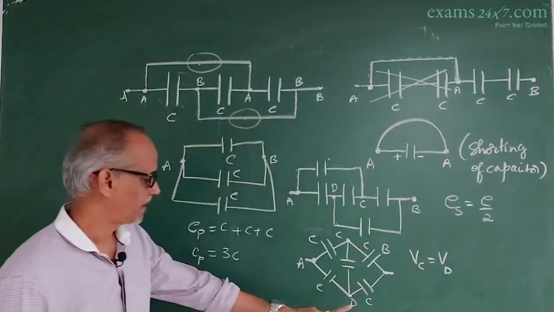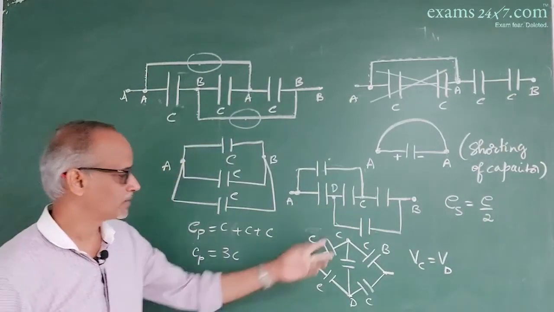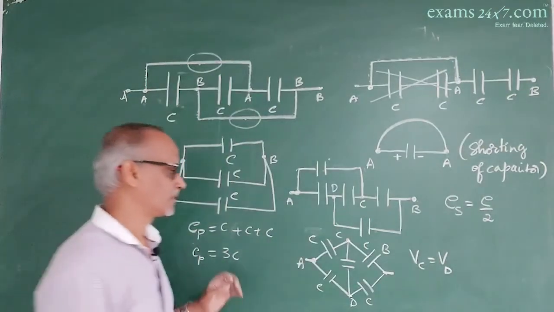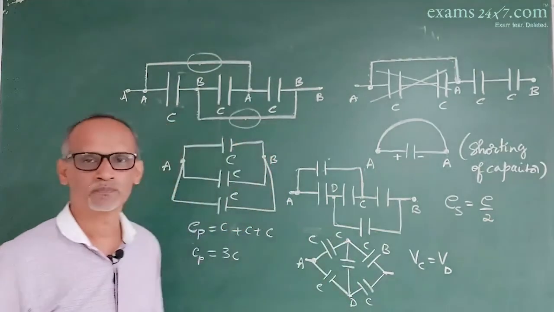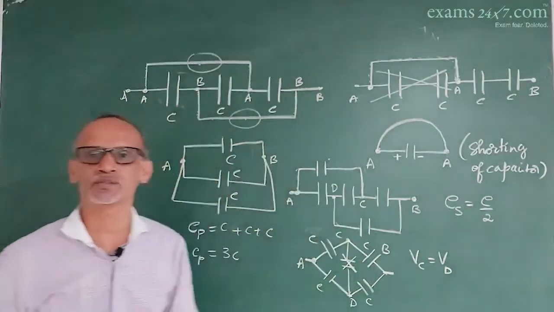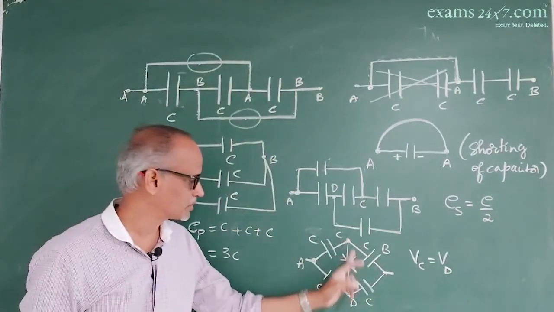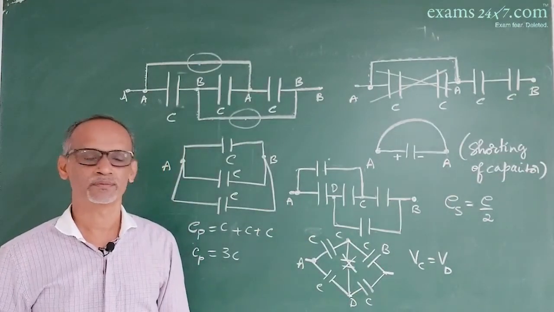Potential at C and potential at D is same. When potentials are same, there won't be any potential difference between these two. So, in this capacitor, we cannot store any charges because the potential difference across that capacitor is 0.